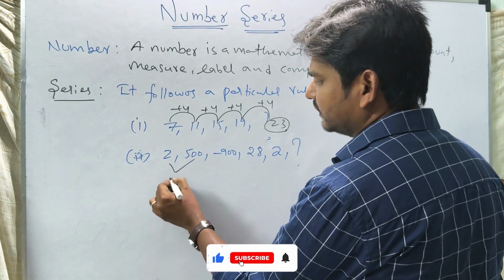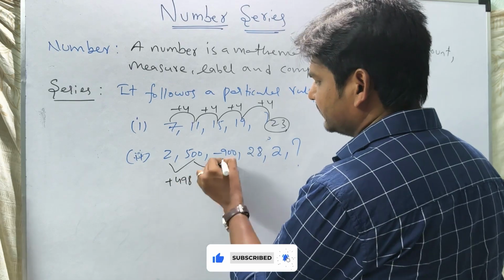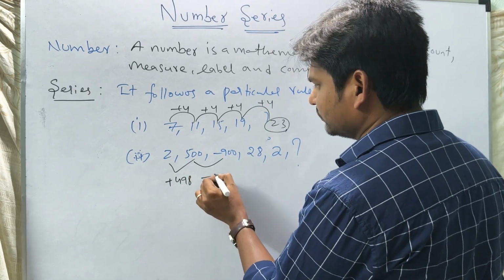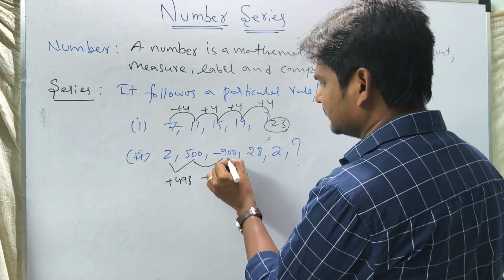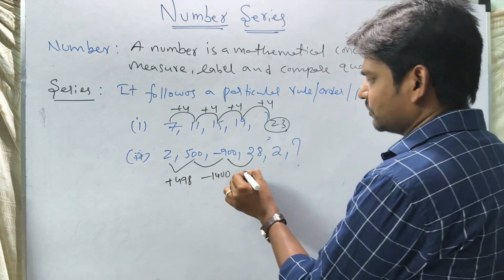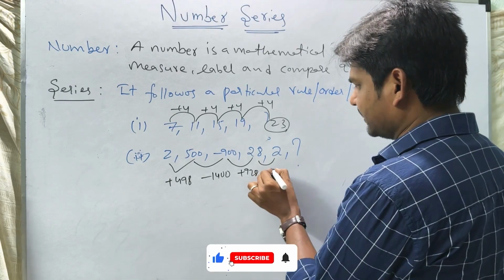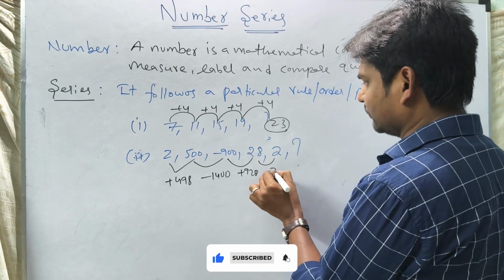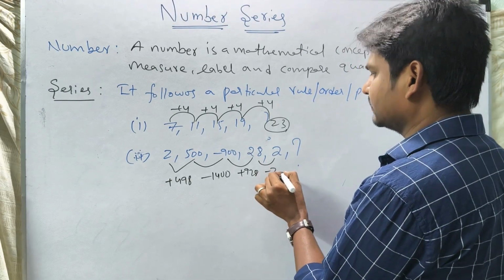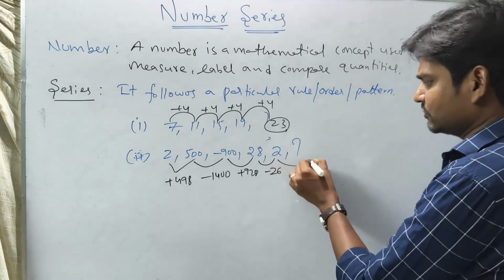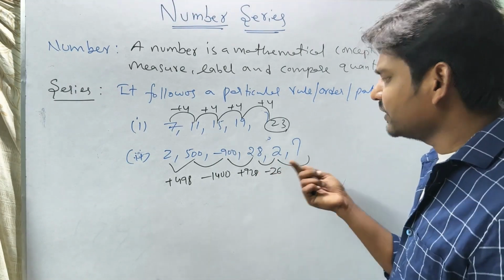Now see the second example. Here to here is added by 498. Here to here we have to do minus 1400, correct? Now here to here, plus 928. From here to here, minus 26, correct. Then what would be next? Is it following any pattern?